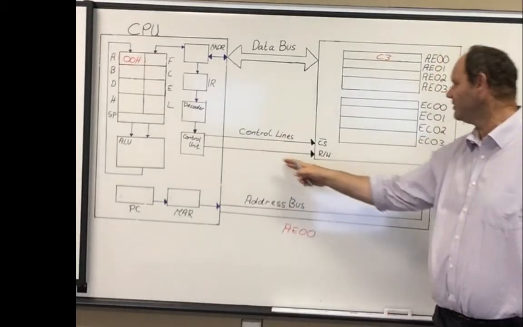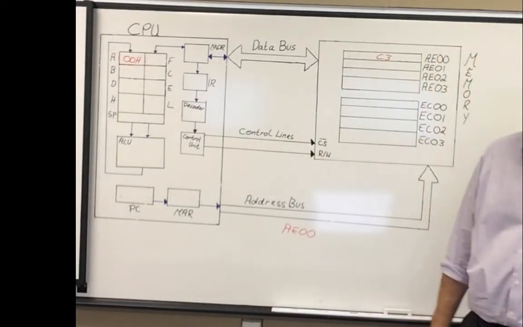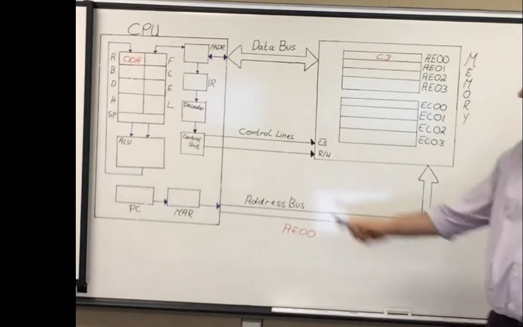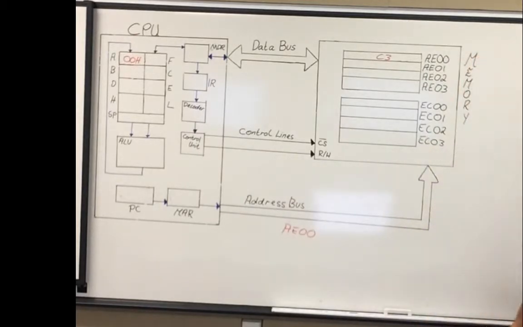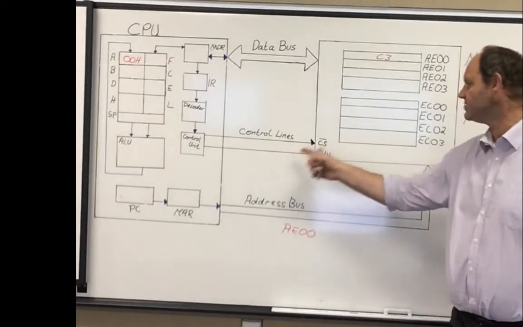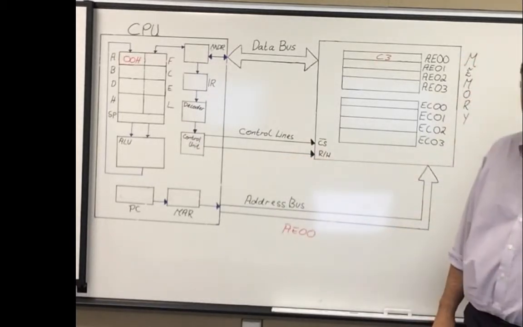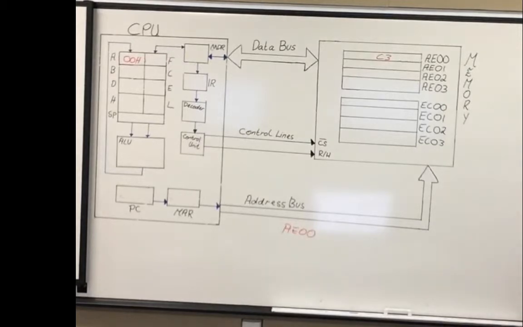The second line, which has R/W, is read-write. And this issues an instruction as to whether the information is going to be read from the memory or written to memory. In this case, the instruction is going to be to read from memory.